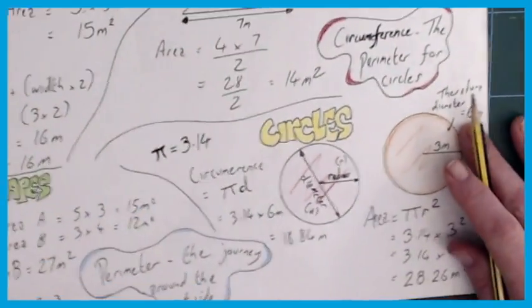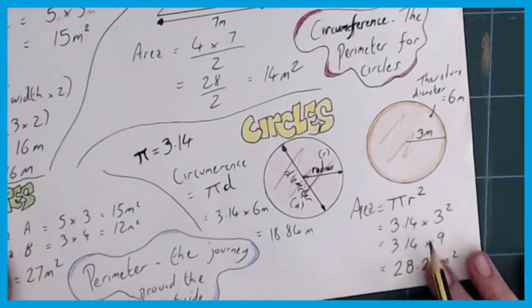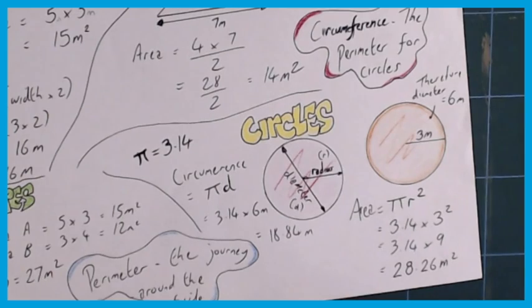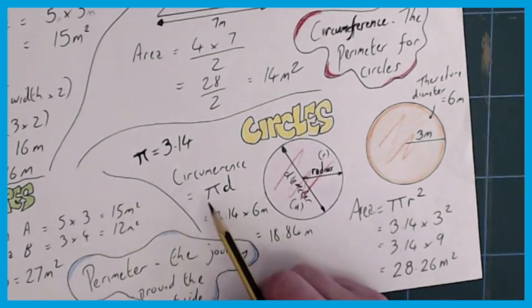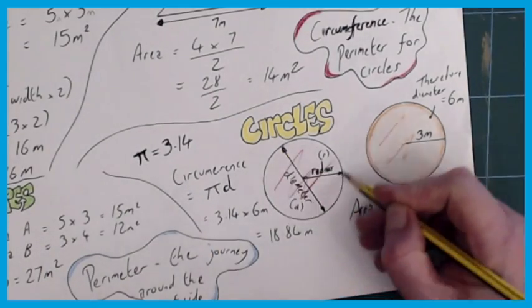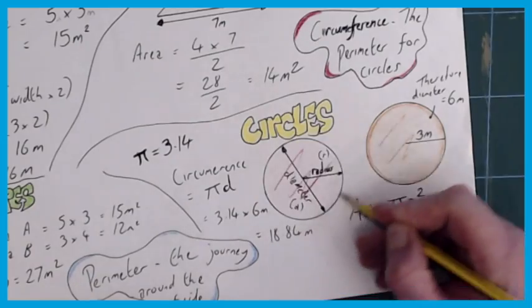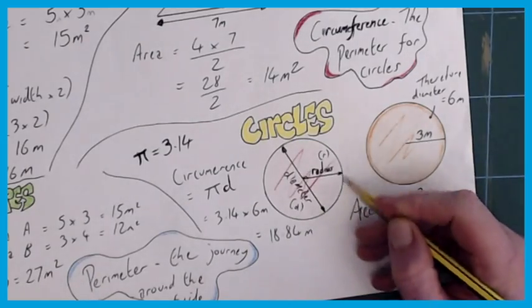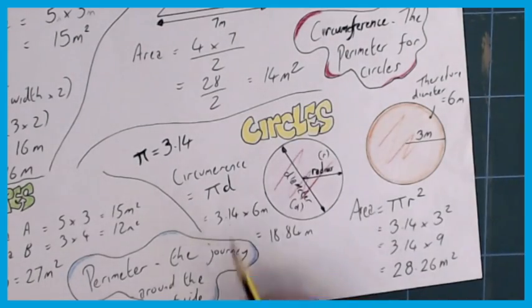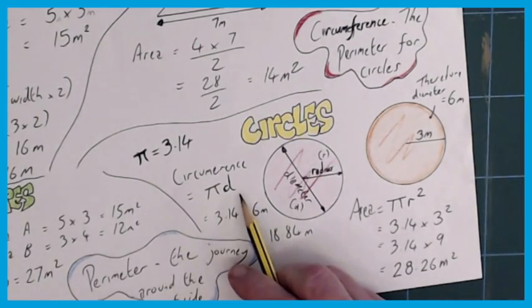Okay, let's have a look at our circles. With circles, we use 2 different formulas that you have to learn. I'm afraid they're just formulas you have to learn. The circumference, the distance around the outside, or the perimeter, as we call it, is pi d.